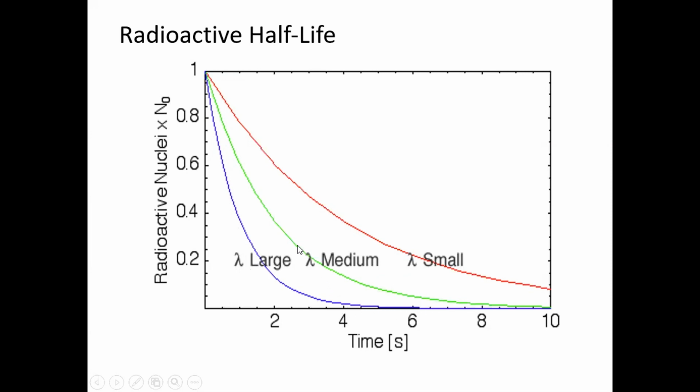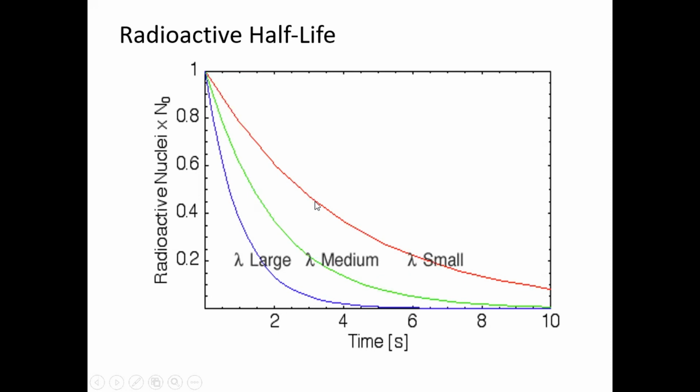Within short half-life, they will go to smaller values. The medium lambda values will have the intermediate half-lives, and the smaller lambda values, the probability of decay, will have a very large half-life, and therefore these elements will remain with a slow decaying probability.